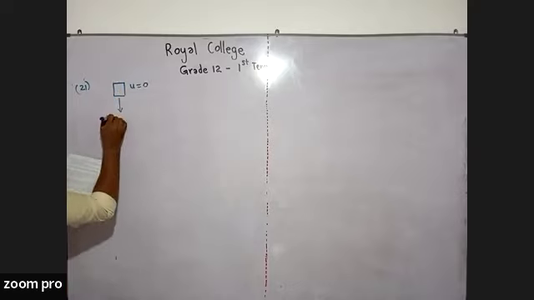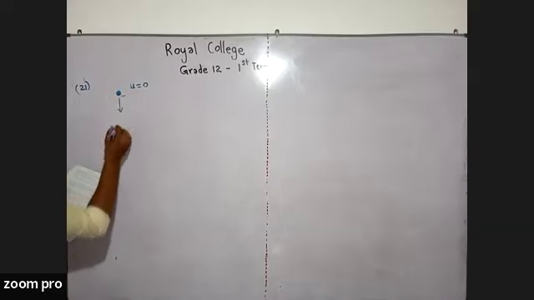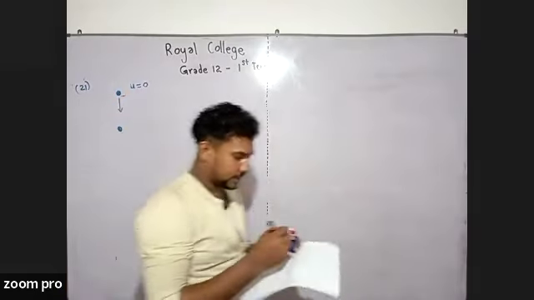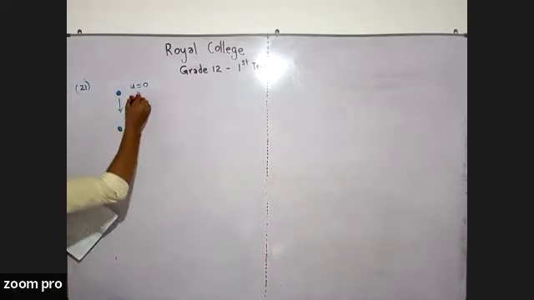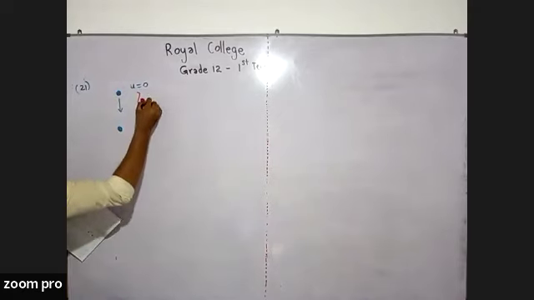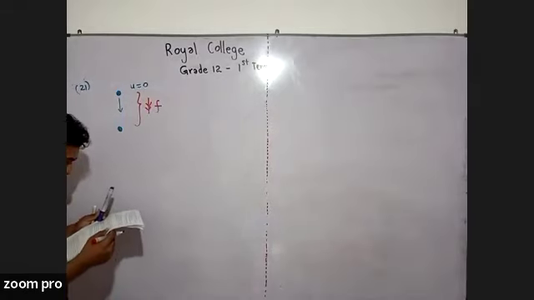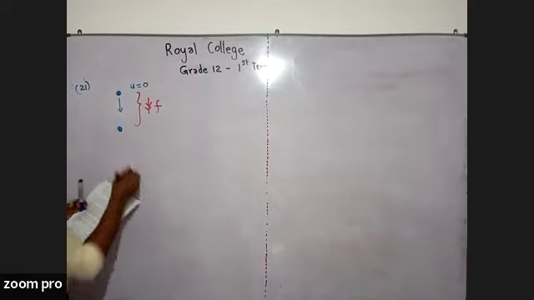For the first part of the journey, it moves with a uniform acceleration f. So this part of motion is moved with f acceleration, and the rest with a deceleration of 2f.